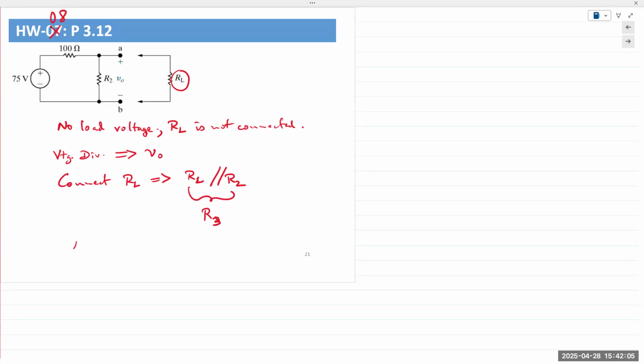And now the 100 ohm resistor and R3 are in series. And you can recalculate again using voltage division principle and solve for the voltage VO or solve for the resistance RL. Okay.